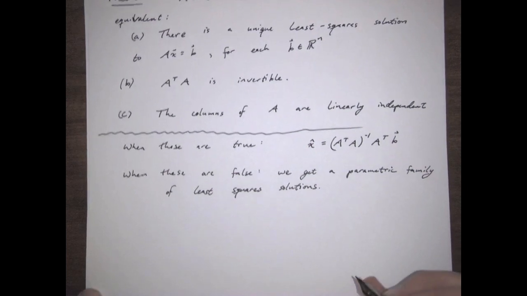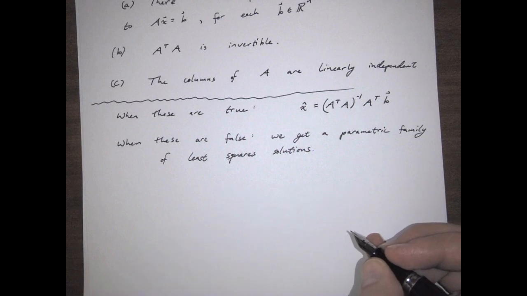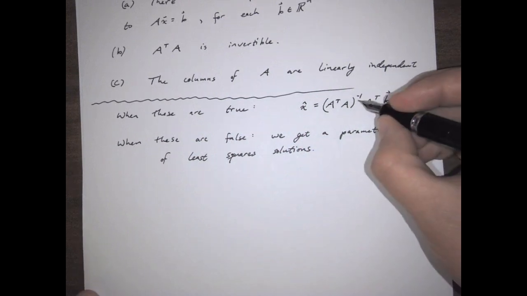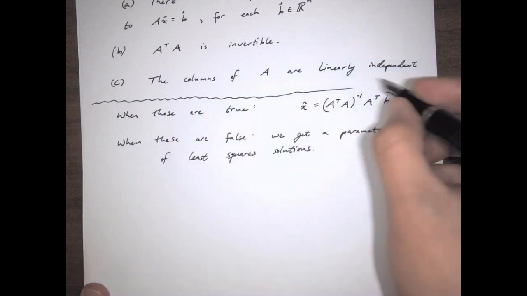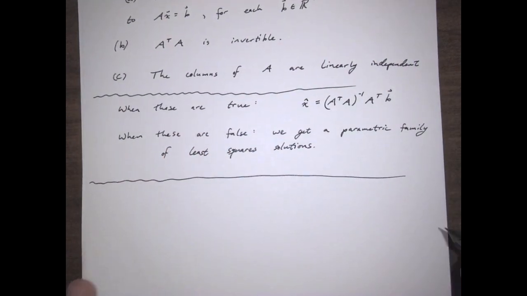So this is what happens if the columns of A are not linearly independent. Then you don't get a unique solution, which we could boil down into a succinct formula like this. We get a parametric family.